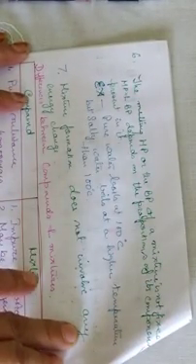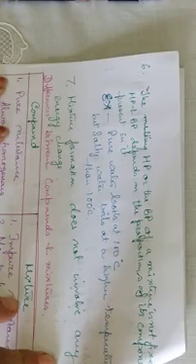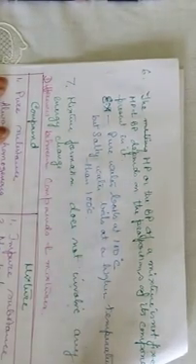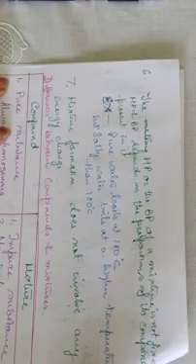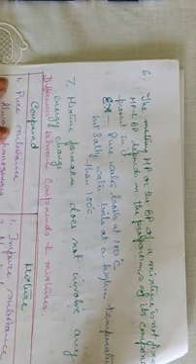Again, the sixth point: the melting point or the boiling point of a mixture is not fixed. Melting point and boiling point depend on the proportions of its constituents present in it. The proportion of the constituents in the mixture decides whether the boiling point or melting point will be more or less.